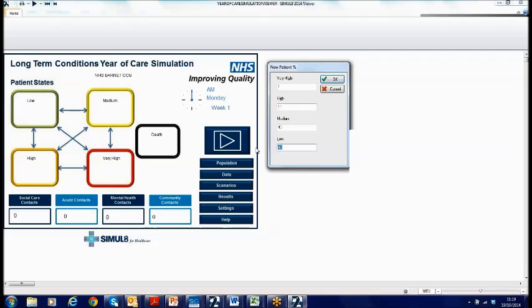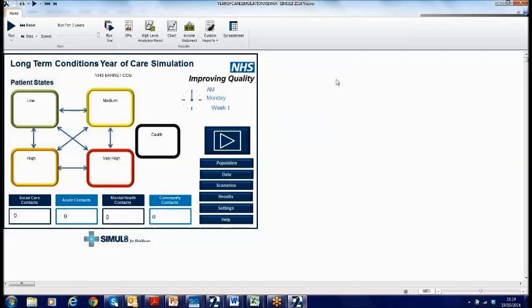So let's make that up to 50, and let's say we'll take 8 away from this medium group. So all that always has to add up to 100%, but we can change the likelihood of patients joining and in which state they're going to join. Okay, so that's our population settings in here.